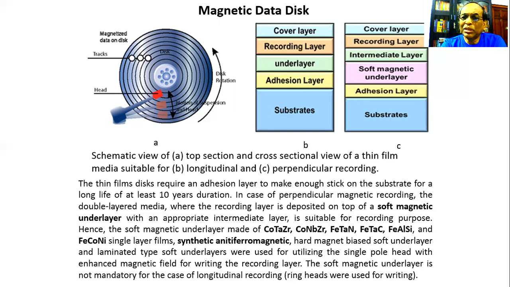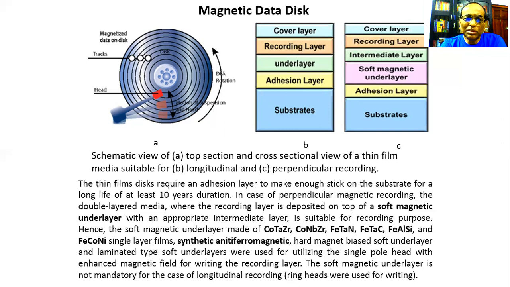Another scheme is substrate, adhesion layer, soft magnetic underlayer, intermediate layer, recording layer, and coating layer. Depending upon the requirement of enhancement of several properties, these two are used.